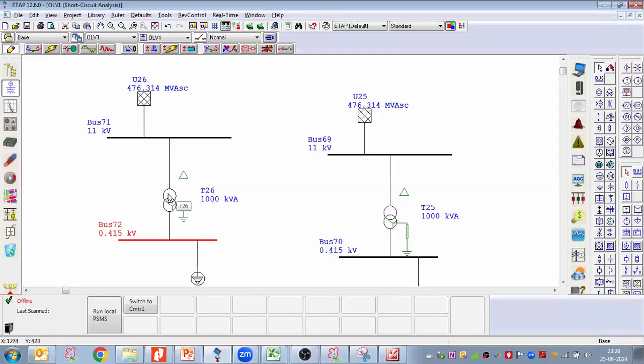But the grid will not connect directly here. There would be an imaginary bus. So that bus we indicate like this. Are you getting my point? This incomer we represent by this power grid.